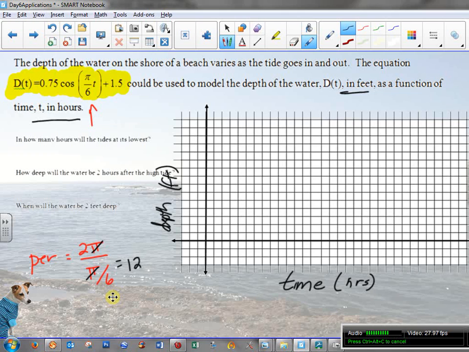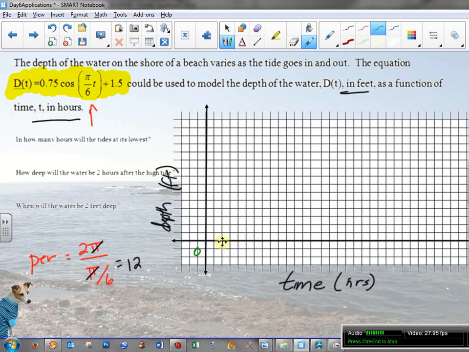So I'm going to graph one full cycle of this thing using the period of 12, which means I'll start at 0. Remember, for time we often choose 0 as our starting point, and let's mark off 12. I'm going to use 24 boxes on here, and you always want to use some multiple of what your period is. So I'll do 2, 4, 6.